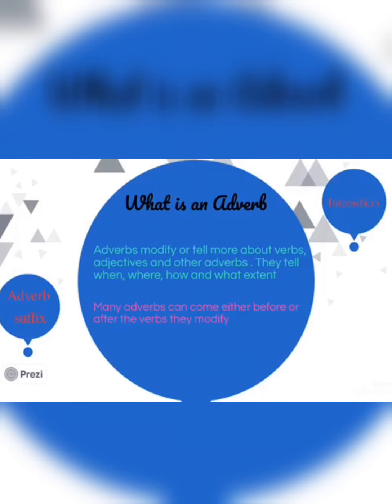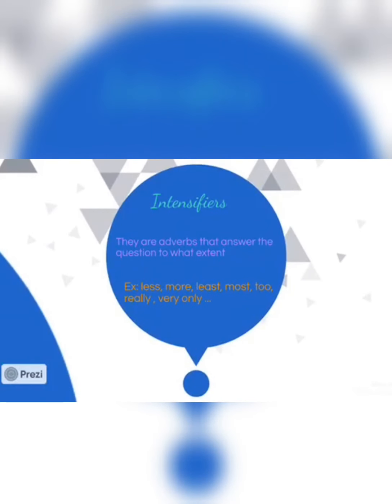What's an adverb? Adverbs modify or tell more about verbs, adjectives, and other adverbs. They tell when, where, how, and to what extent. Many adverbs can come either before or after the verbs they modify. Intensifiers. They are adverbs that answer the question to what extent.